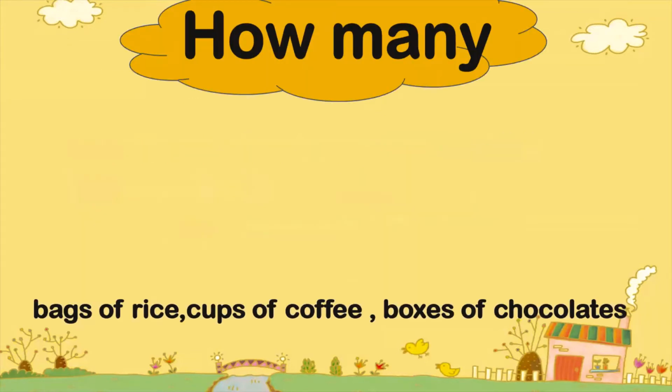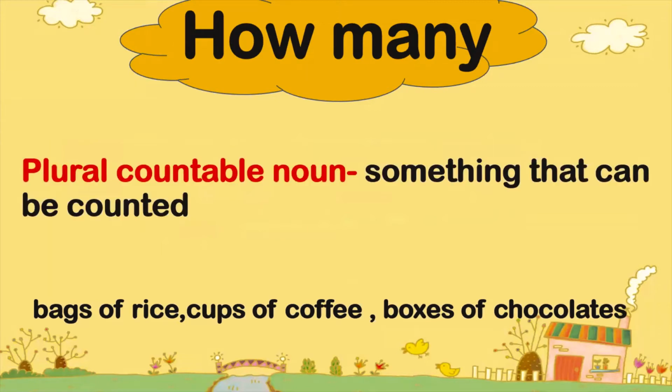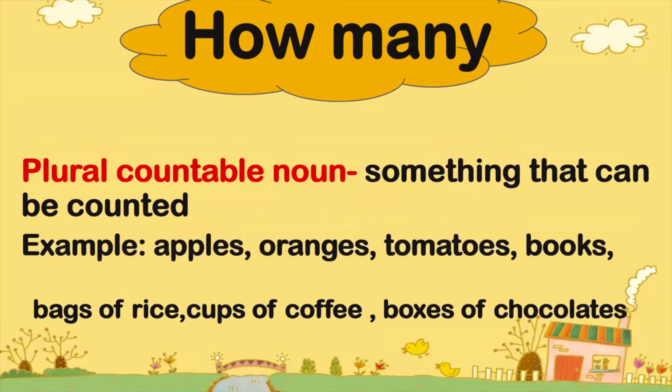Next, how about how many? How do we use how many? With how many, we use plural countable nouns. Plural means more than one. It can be 2, 3, 4, 5. You can count it using your hands. For example, 10 apples, 20 oranges, tomatoes, books.